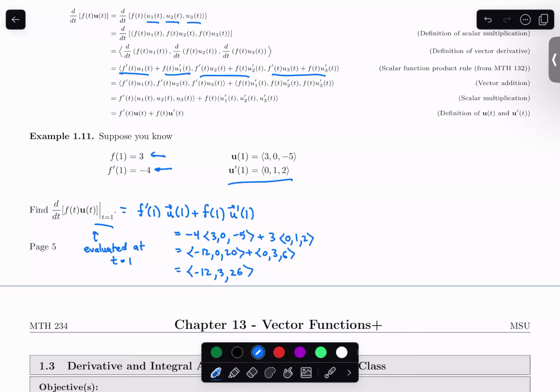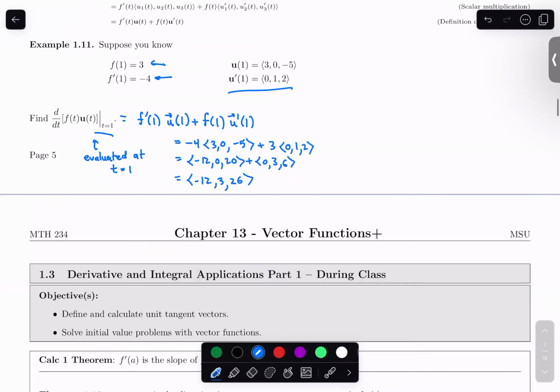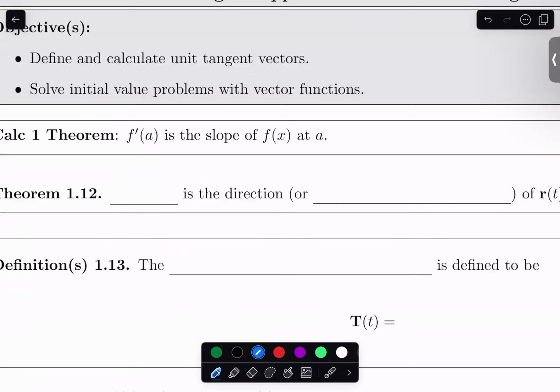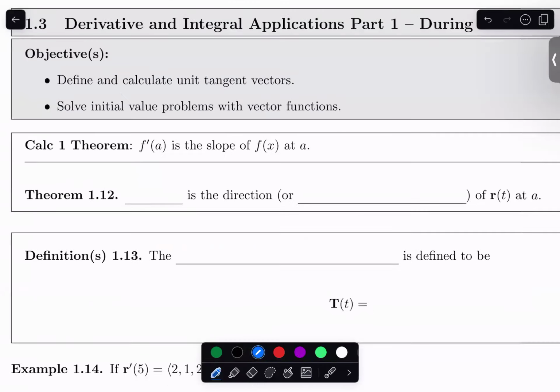Okay. So then why don't we go ahead and enter into the second part. As I alluded to, this is getting closer to the question of what this physically represents. Just like in calculus 1, the derivative was the slope of our function at a particular point on that function.